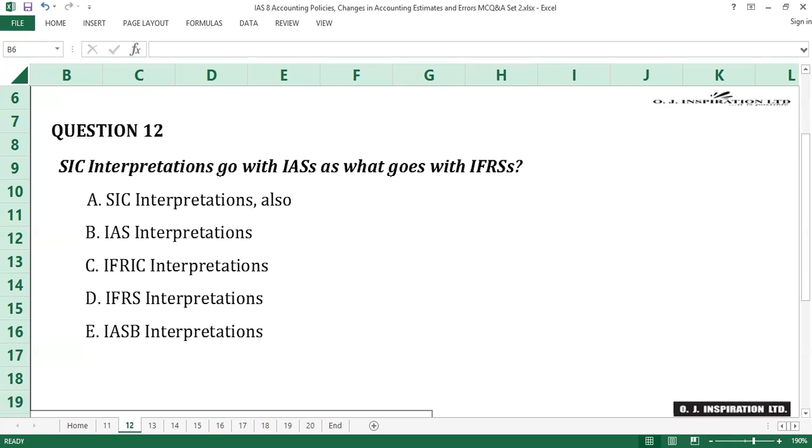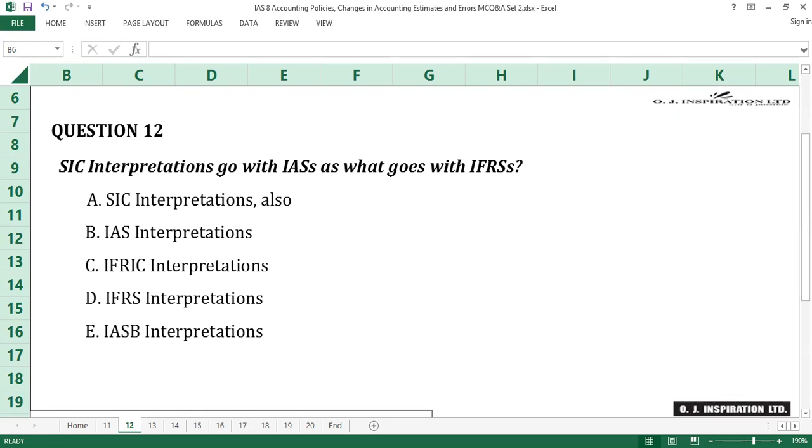Question number 12. The answer to question number 12 is C, IFRS interpretations. IFRS interpretations are sets of timely guidance provided on newly identified financial reporting issues not specifically addressed in IFRS, or on issues where unsatisfactory or conflicting interpretations have developed or seem likely to develop.